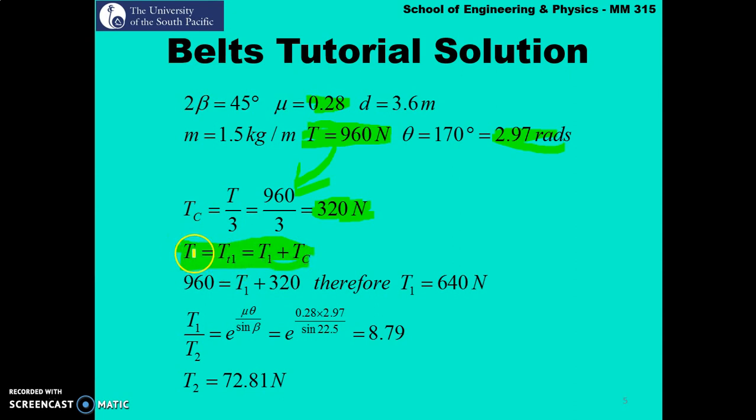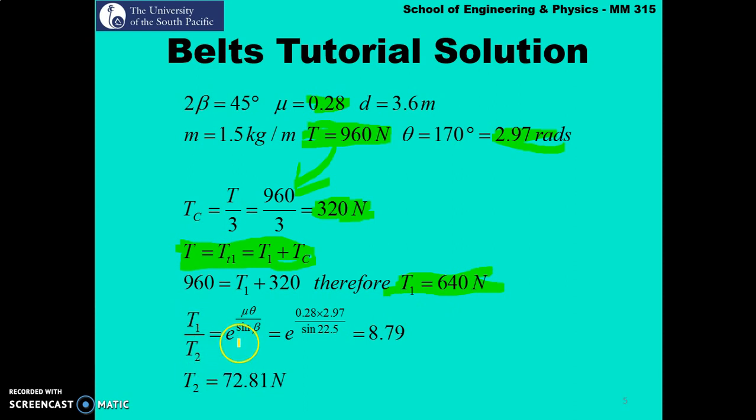So your maximum tension, TT1, is equal to T1 plus TC. TT1 is 960, T1 we don't know, and TC is 320, which is 1/3 of your maximum tension. So when you make T1 the subject of the formula, your tension on the tight side is 640.